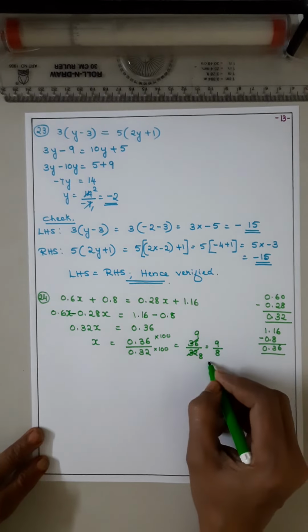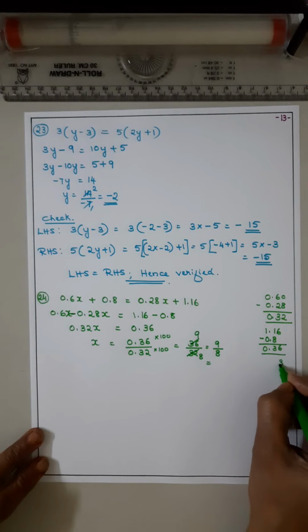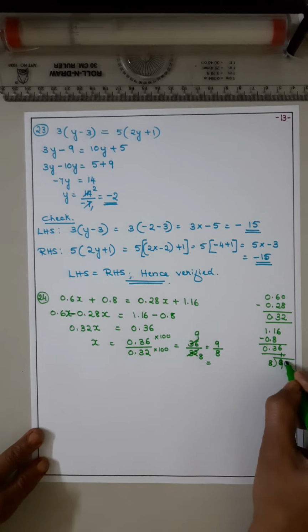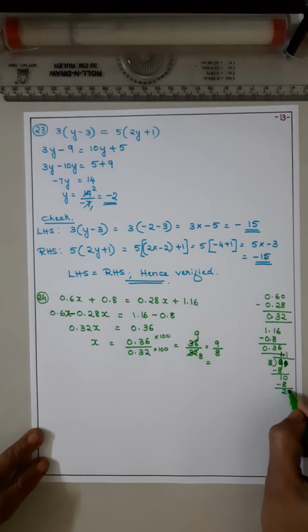So find out, 9 divided by 8, that is 1 point, extra 0 if you take, it will be 1, take 1 extra, remains, extra 0, 2 8s are 16, 4 remains, that means 5.